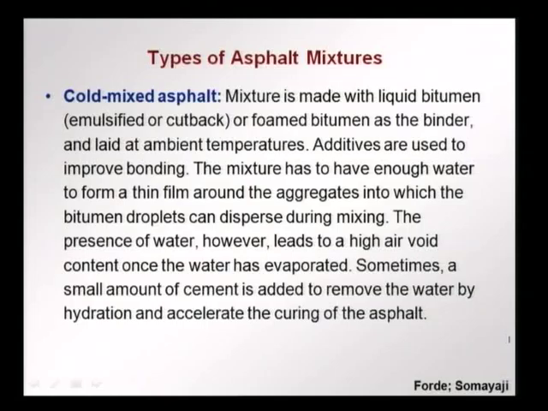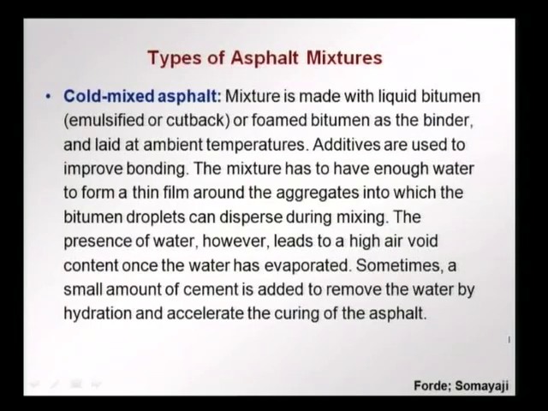The other option in cold mix asphalt is to use foamed bitumen as the binder. Foamed bitumen is where steam bubbles are formed inside the bitumen, so that the bitumen becomes very fluid because of these bubbles of steam and the presence of water, and this facilitates the mixing and the placing of the asphalt at normal temperatures.